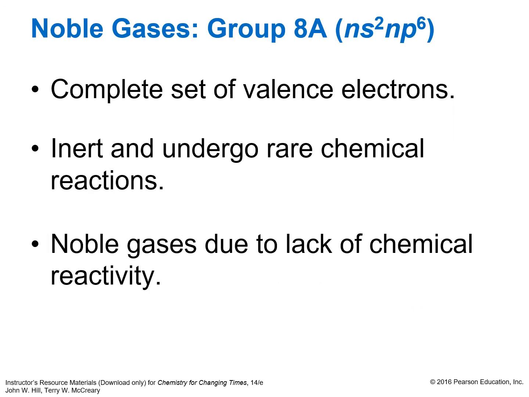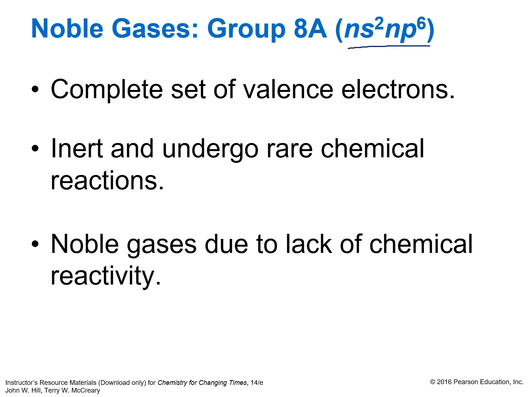The noble gases, which are the last group of elements in the periodic table, are referred to as group 8A or group 18, and they're represented as ns2 np6. As you can see, they have a complete set of valence electrons, 8 electrons in their outermost shell.